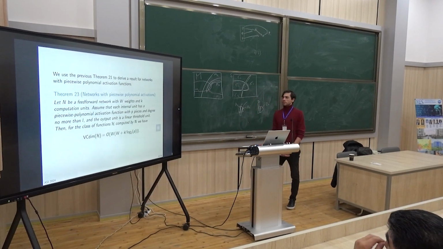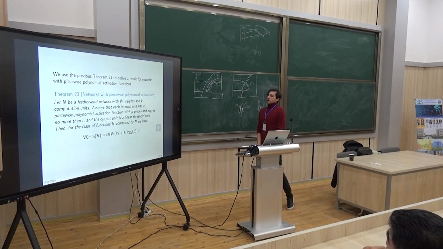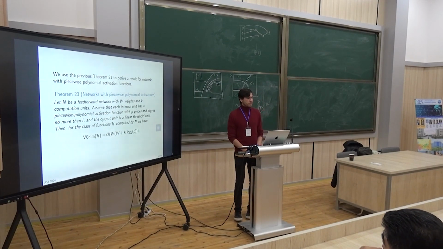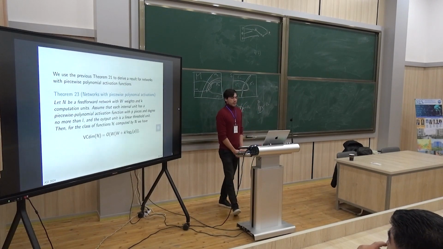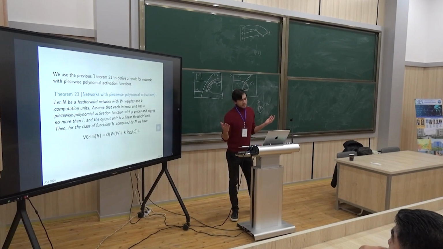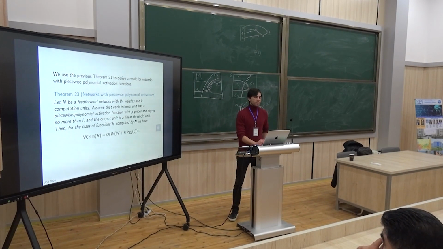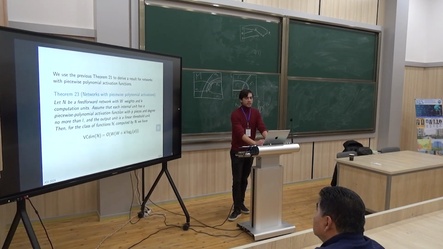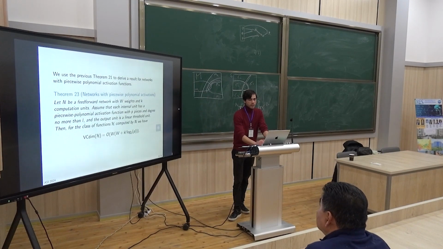So this could be one example. So I work with piecewise polynomial activations. Let's say you have a neural network with a certain number of parameters and a certain number of computational units, and each of the computational units has a piecewise polynomial activation, like the ReLU, let's say with p pieces and a certain degree. Let's say the degree is bounded by L, and then the output is a linear threshold unit. This is when we make it binary, just like the output.